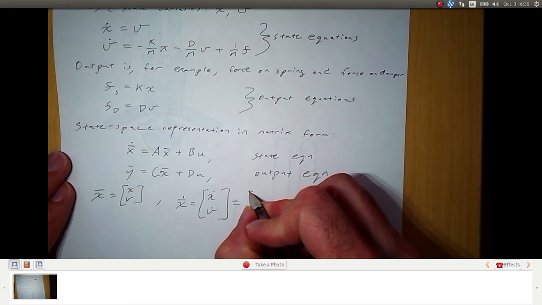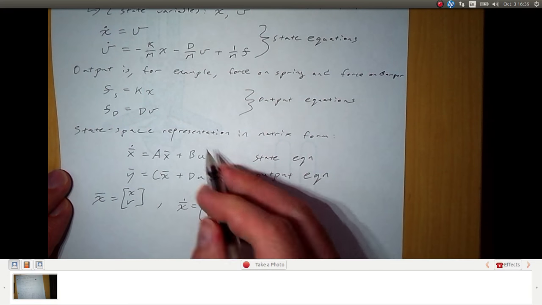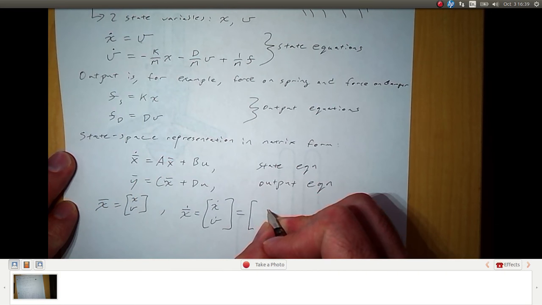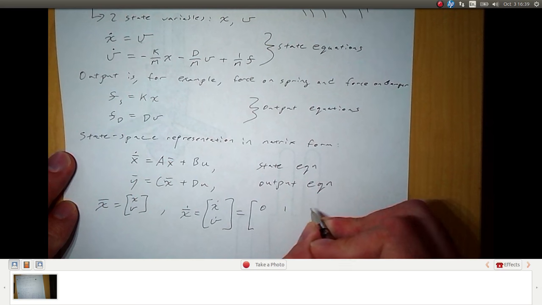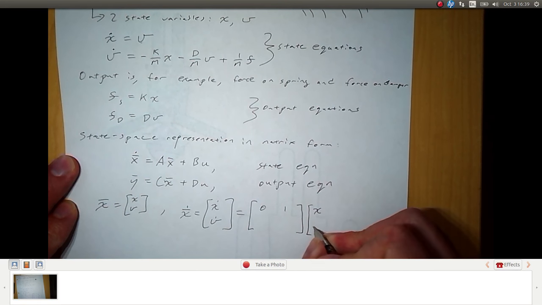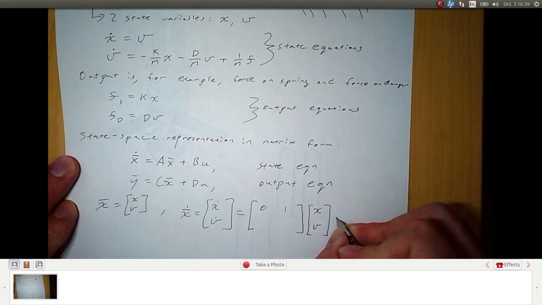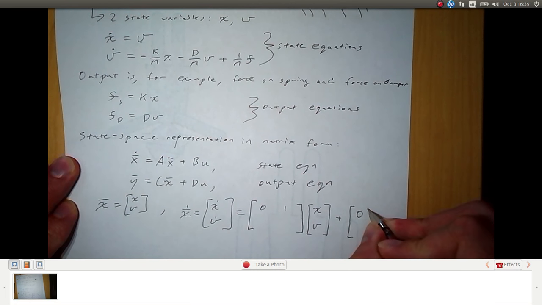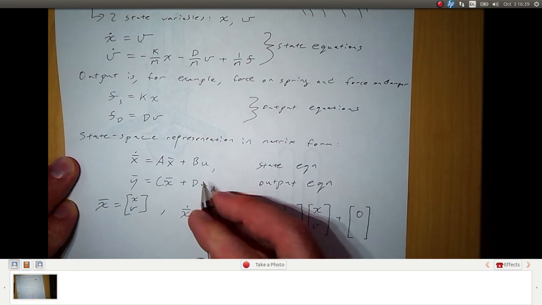So matrix A, for the first equation we have 0 and 1 as our coefficients. And there's no input for that equation, so 0 for the B matrix.